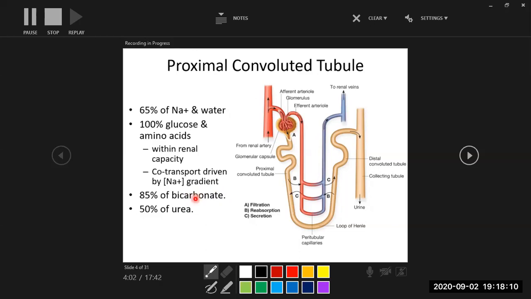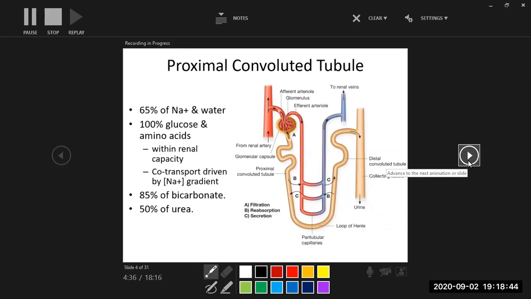One thing we will see is that whenever we reabsorb one bicarbonate, we secrete out a hydrogen ion. We secrete H plus, and in return, we reabsorb bicarbonate. So the majority, 85%, is reabsorbed here. We also reabsorb about 50% of the urea. So that's the proximal convoluted tubule.